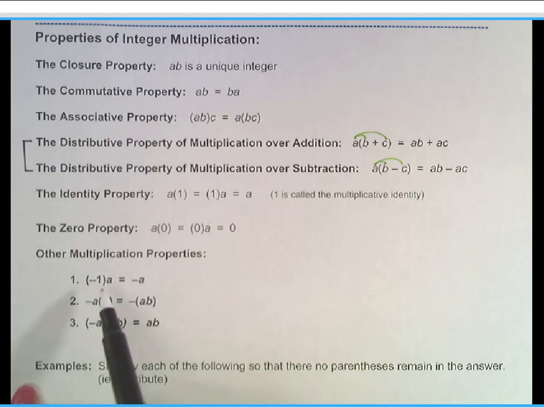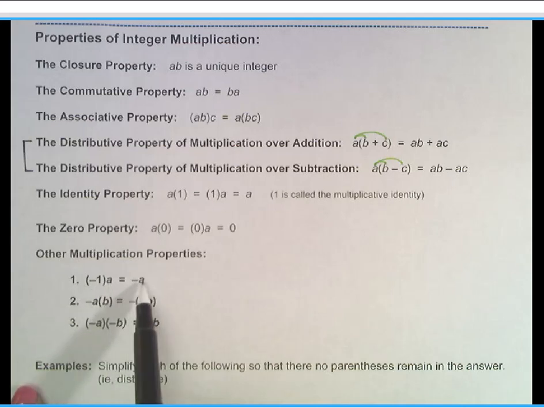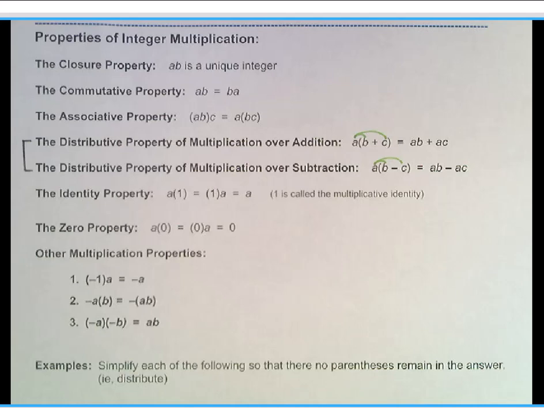These last three, if you take a negative 1 times A, that's basically the same thing as negative A. So meaning you don't really have to write the 1. A negative A is negative A, right? It's like you made an opposite. Negative A times B, notice the parentheses are just around the B, but you could also loop in the A into the parentheses and it would still be negative.